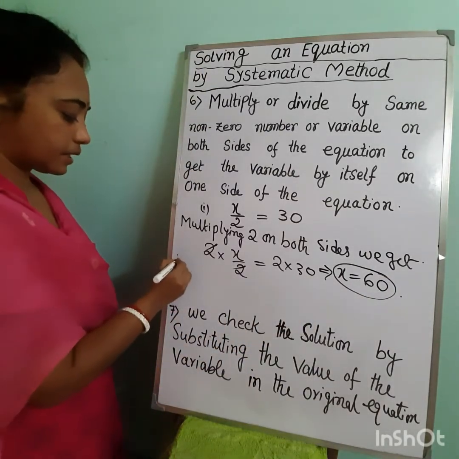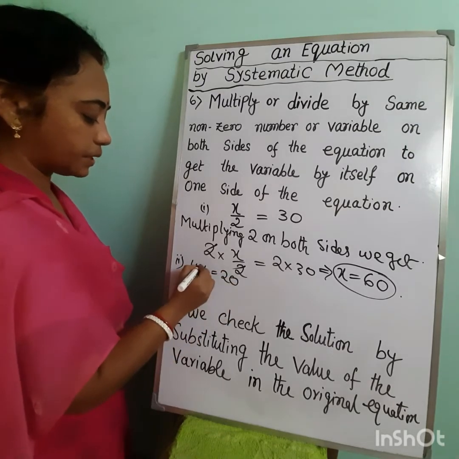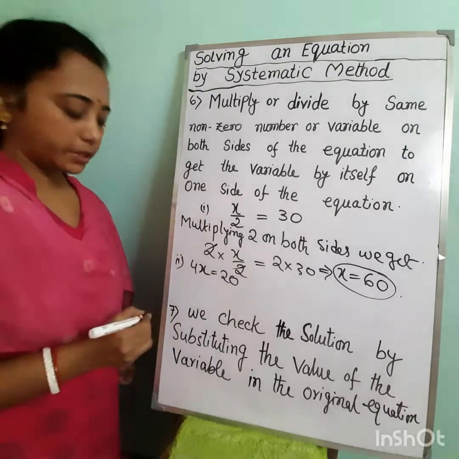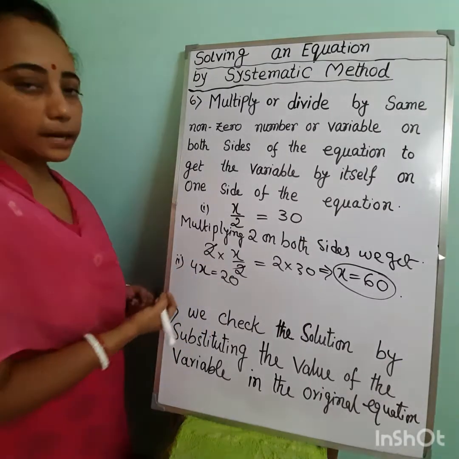Let us take another example. 4x is equal to 20. So here x is multiplied by 4. So if we divide by 4 on both sides, then we can easily get the variable.